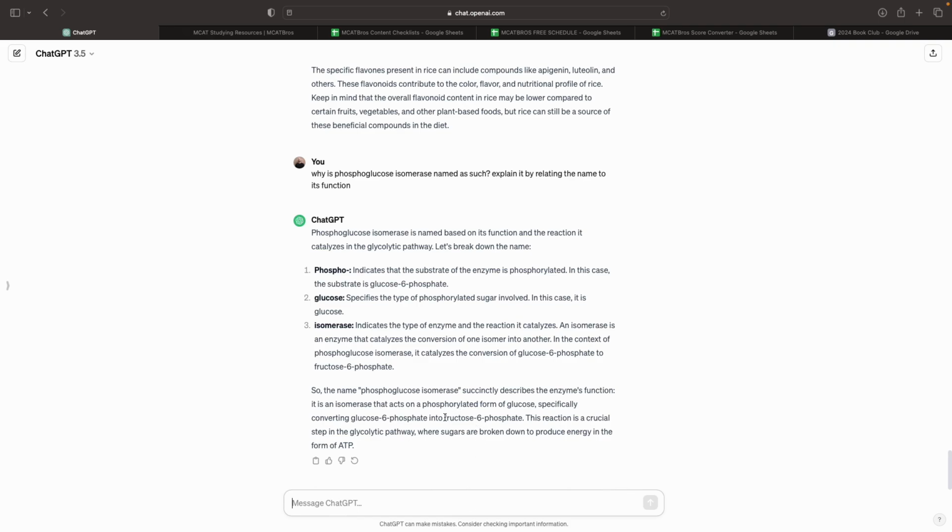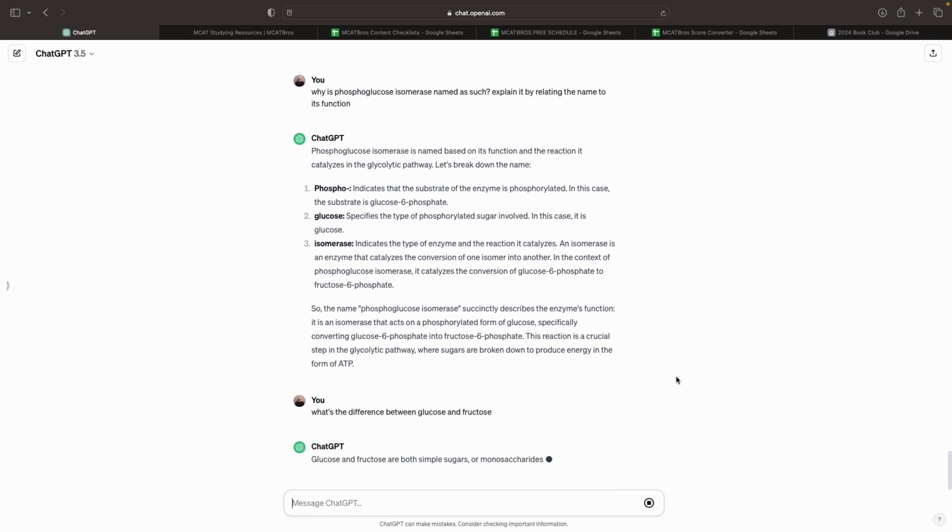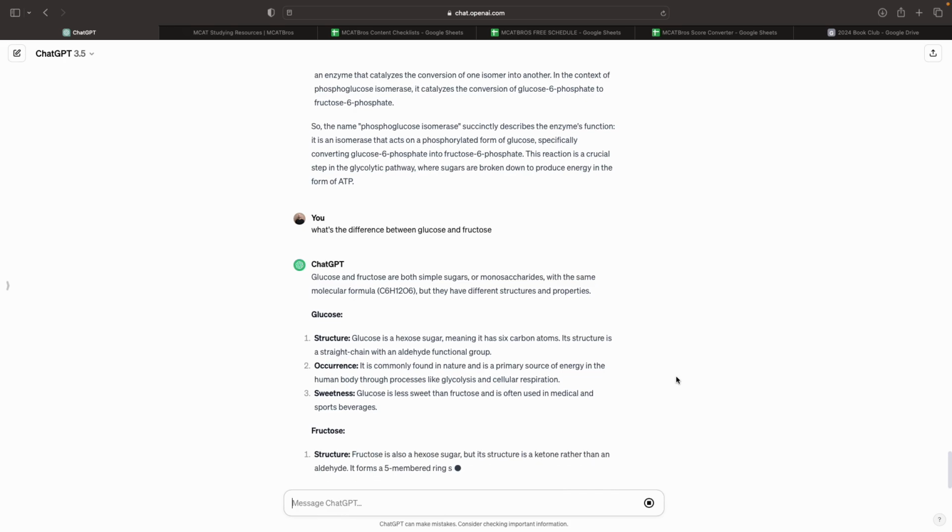So is fructose another type of monosaccharide? What's the difference between glucose and fructose? They're both simply sugars, monosaccharides, with the same molecular formula, but they have different structures.